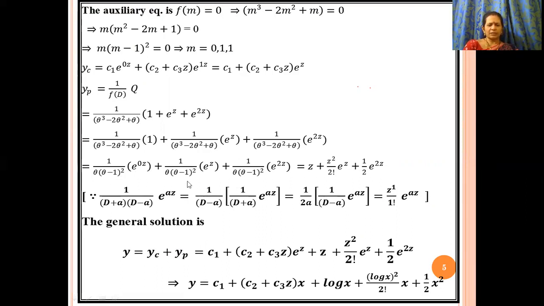Whereas if we substitute directly in the others, we will get 0, so we have to apply this formula, which we also discussed in the last lesson. First, theta you write outside, and the remaining terms you put inside, then substitute 0 in this. See here, 1 by D minus 1 into 1 plus. If we substitute in this, we will get 0, so write this outside and write the remaining terms inside.